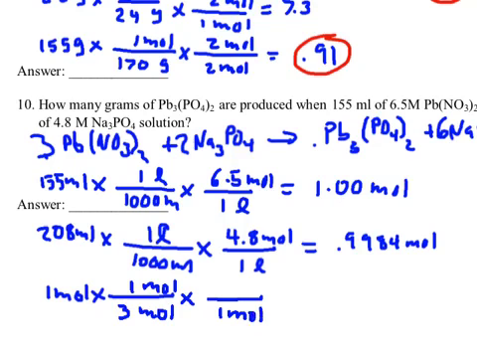of that product equals, now I gotta figure out the formula mass. Oh my gosh. So I had to say 3 times the mass of lead. So it's 3 times 207 plus 2 times 31 plus 2 times 4, that's 8 times 16. The whole darn thing is 811 grams.